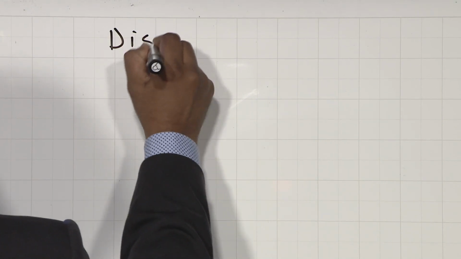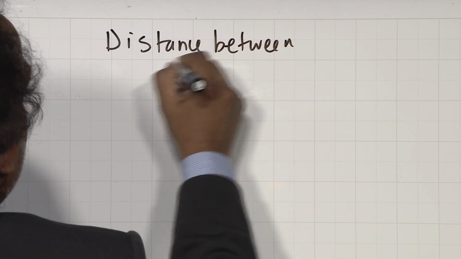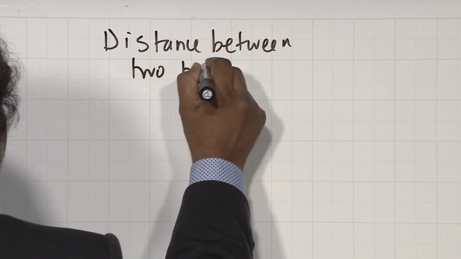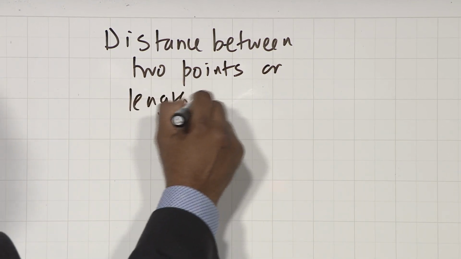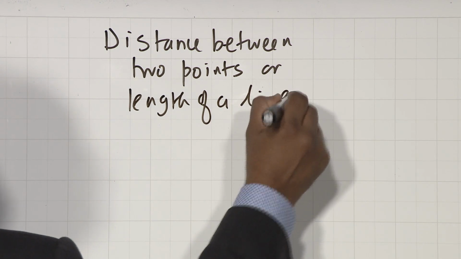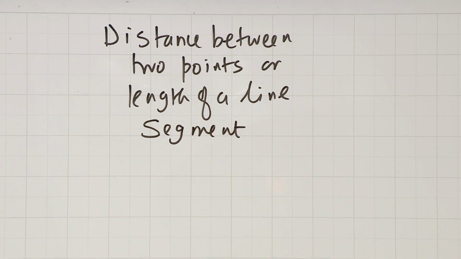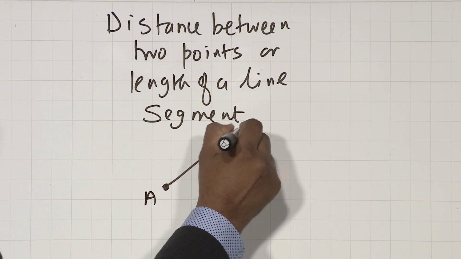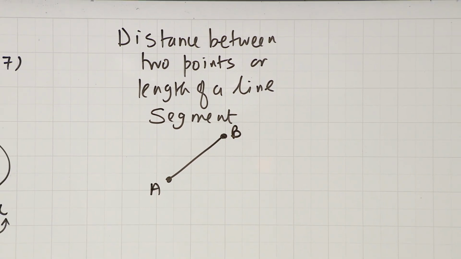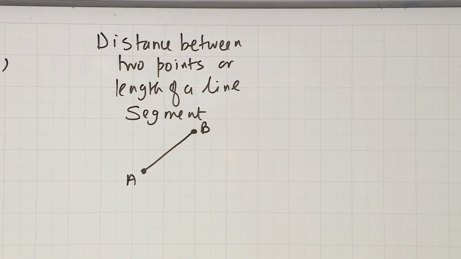Now, the distance between two points, or the length of a line segment. Suppose that I have 2 points, A and B. AB is a line segment. I ask you, what is the length of the line segment?